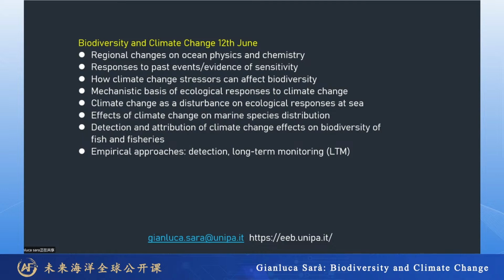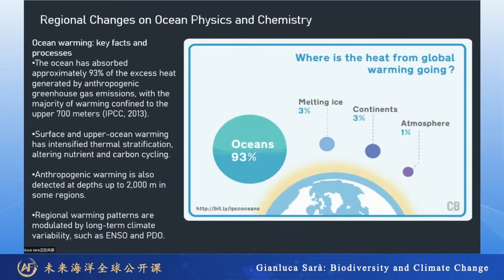And then we try to understand which are the main mechanisms by which marine biodiversity is able to respond to temperature variability. And we recall that the first and most important factor affecting biodiversity is the increase in temperature.